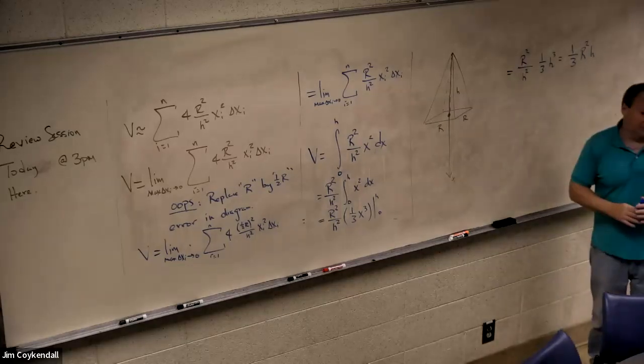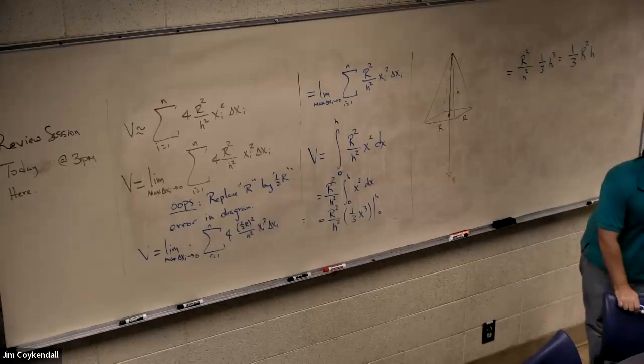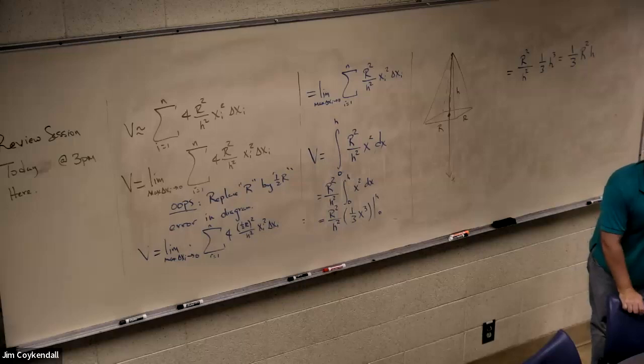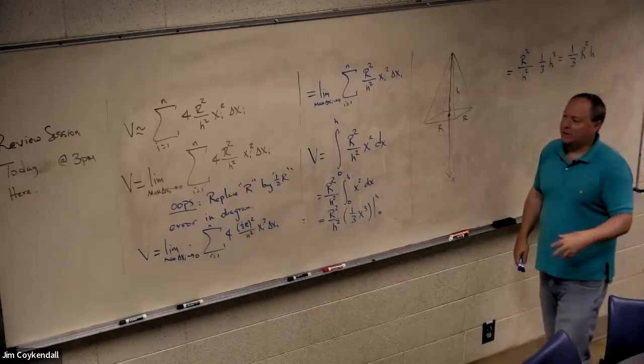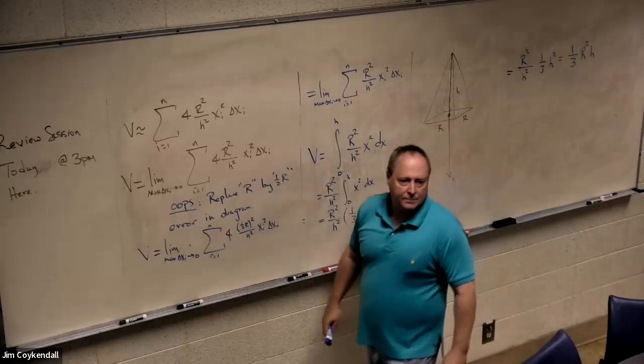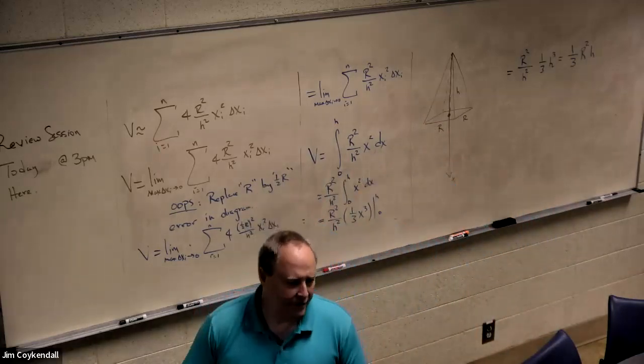Notice this formula is the same as a cone from the following perspective. It's 1/3 of the base area times the height. With a cone, the base area was a circle, here the base area is a square. Any questions?